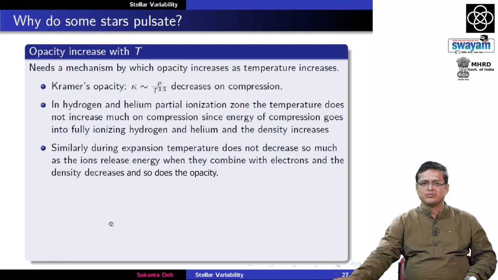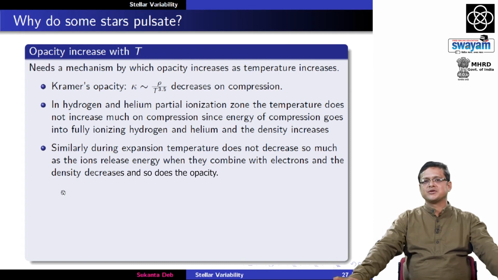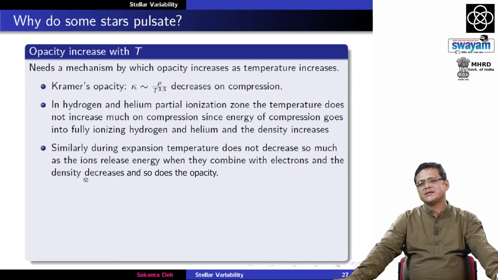There are certain zones within the star which are known as the hydrogen and helium partial ionization zones, and in those zones the temperature does not increase much on compression, since the energy of compression goes into ionizing hydrogen and helium, and hence the density increases.